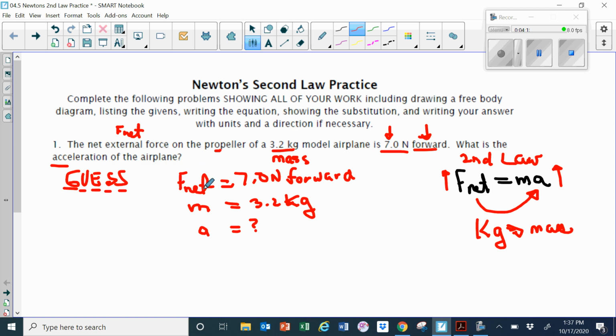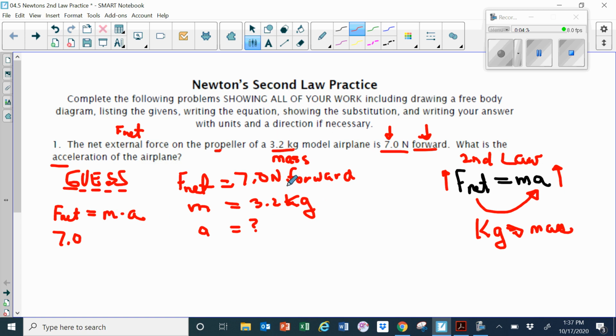What formula are we going to use? Well, look at what we have here: F, m, and a. So that's Newton's second law. F net equals m times a, and F net is equal to 7.0 newtons. I'm going to leave off the units.